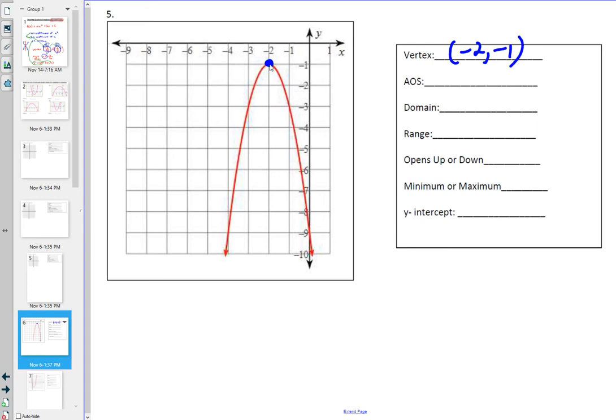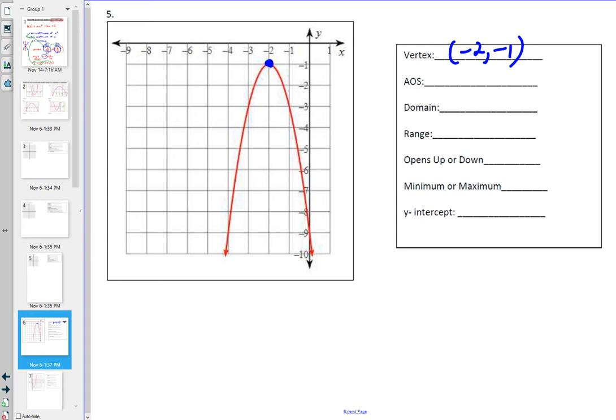So this is going to actually answer a lot of questions for us. First off, this AOS, what do you think AOS stands for? Marquise, go ahead. The axis of symmetry, yeah. So the axis of symmetry is a vertical axis.